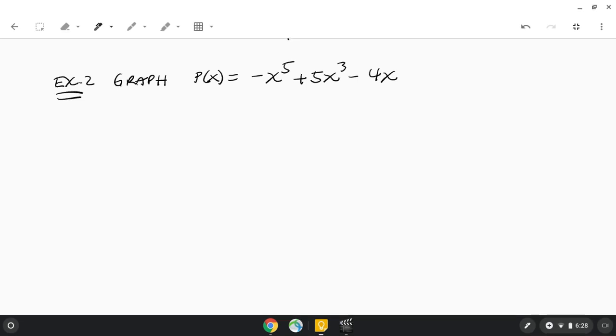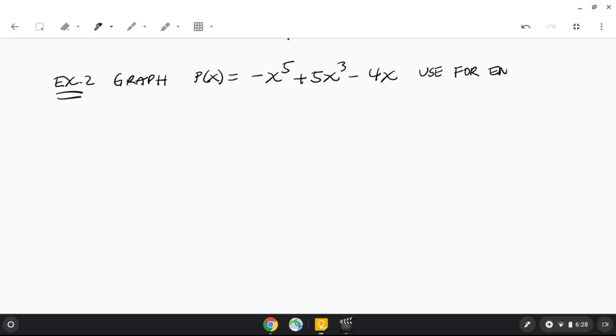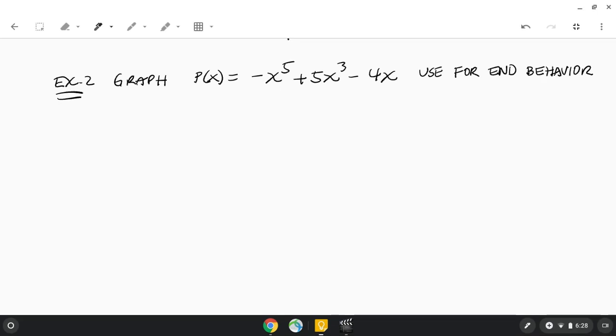Nothing is left, right? So this form right here is good to use for end behavior when it's all multiplied out like this. Unlike the previous example, it was not all multiplied out. Okay, so we're going to use this one for end behavior.